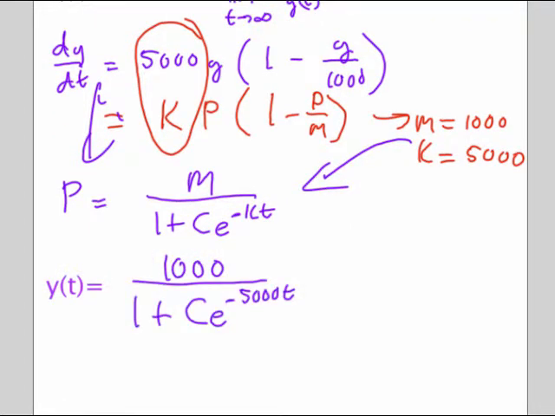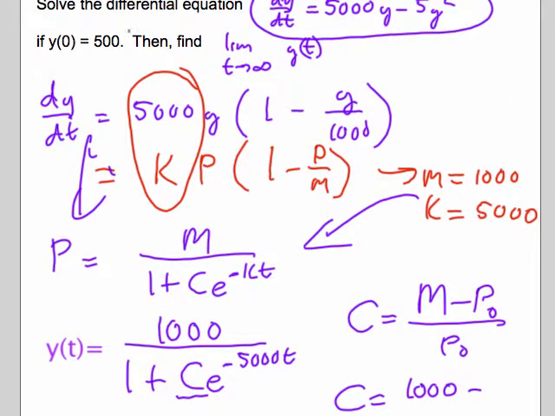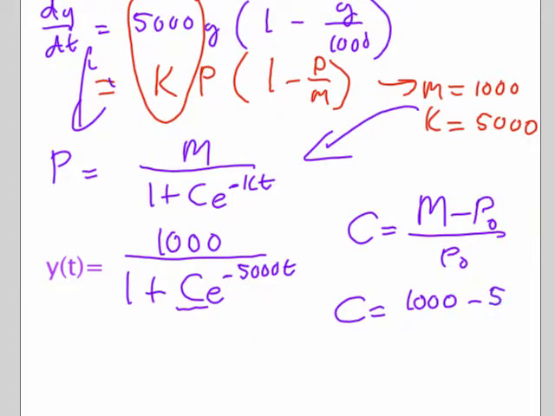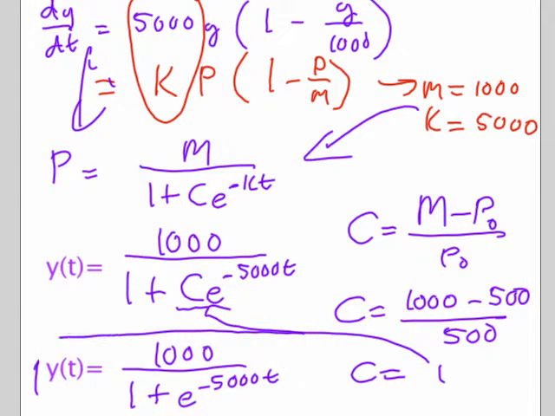But I need my arbitrary constant, but we've calculated that that can be found by using this formula. So that's 1,000 minus my starting population back at the top was given to be 500. And so that's 500 over 500, which is 1. And so my solution is this.